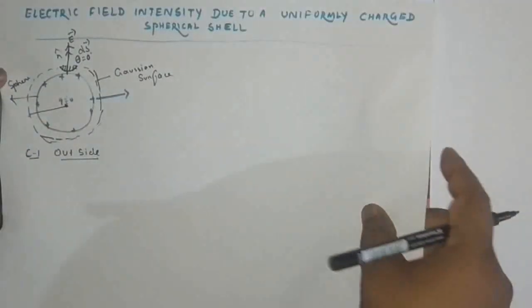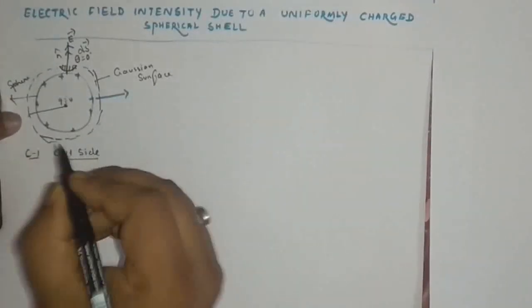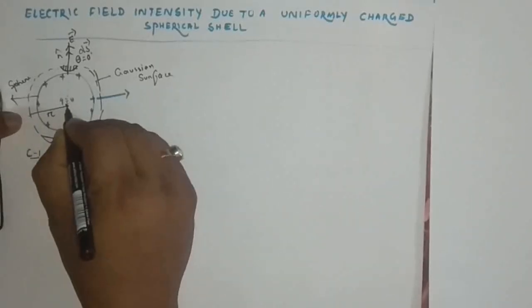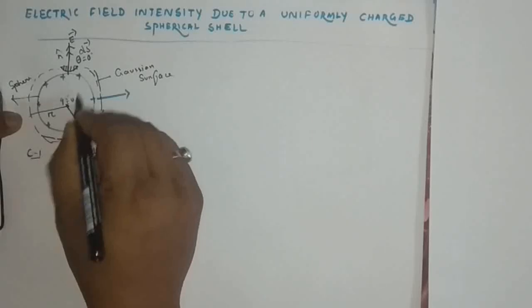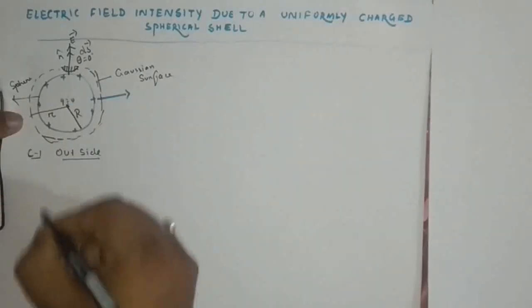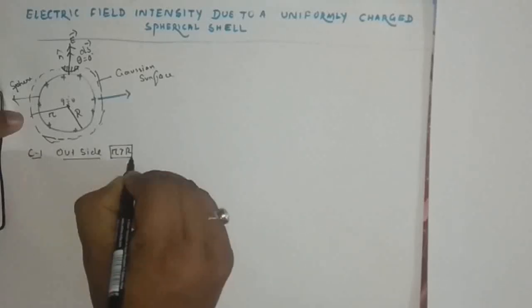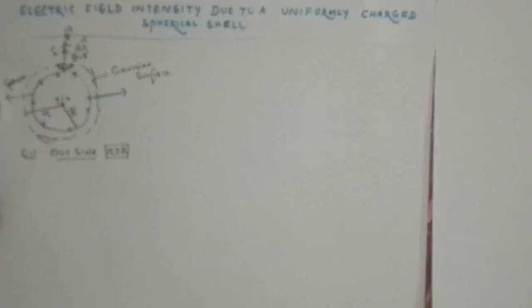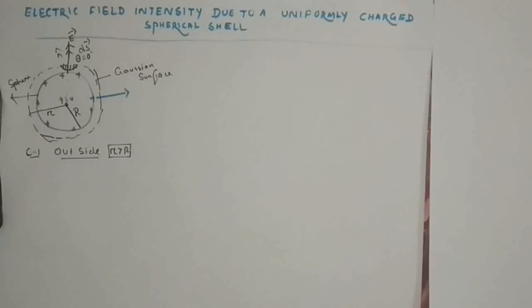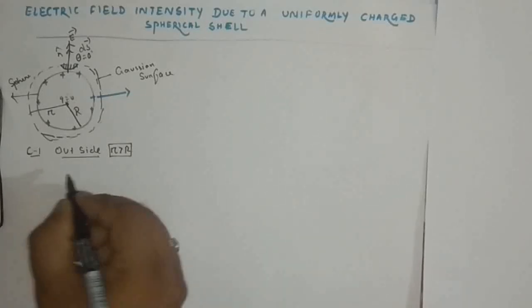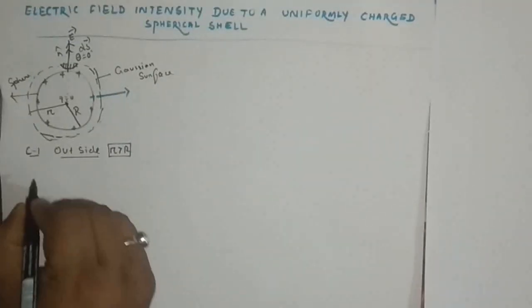Third is flux. Outside means, always remember, the Gaussian surface radius is smaller r, and the original sphere radius is capital R. Outside means r is greater than R. Let us move slowly so that there is no confusion. Now, flux.